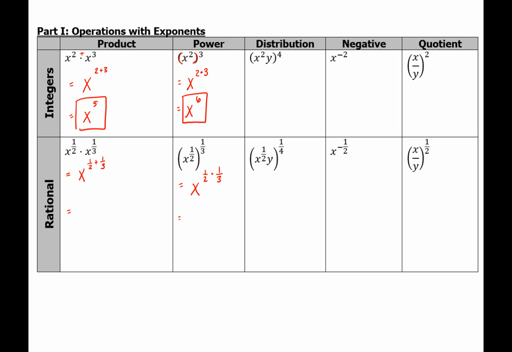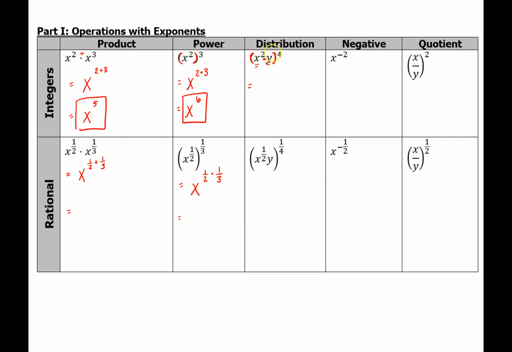The distribution property says that if you have multiple bases being multiplied together, and that's a really important distinction here, it has to be multiplication. We're not talking about adding or subtracting here. Then we can take a power that's on the outside of the quantity, in this case the 4, and distribute it to both bases, the x and the y in this case.